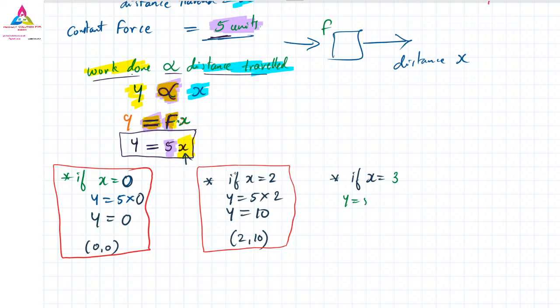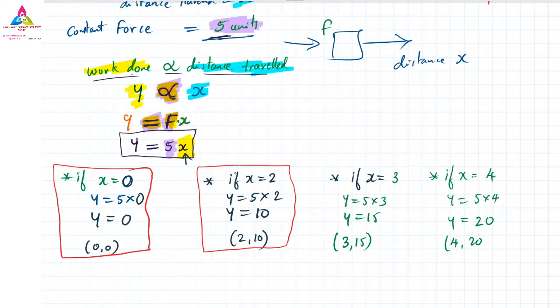So y is equal to 5 into 3. So 5 3s are 15. So when the x value is 3, the y value is 15. And for the last one, you can go for x equal to 4 also, no problem. y is equal to 5 into 4, that is 20. So when the x value is 4, the y value is 20.